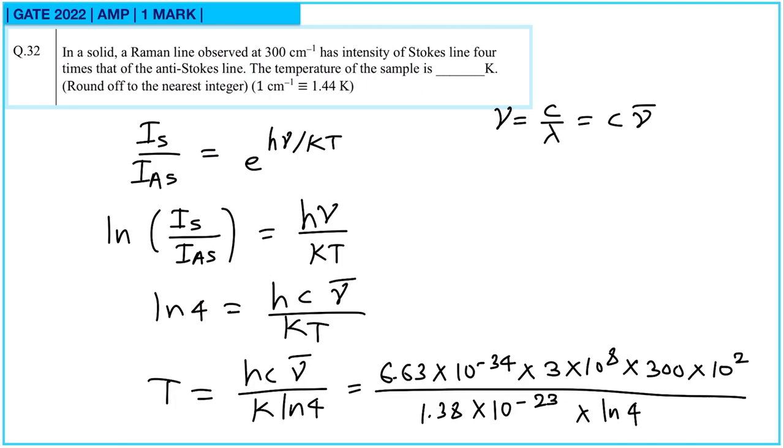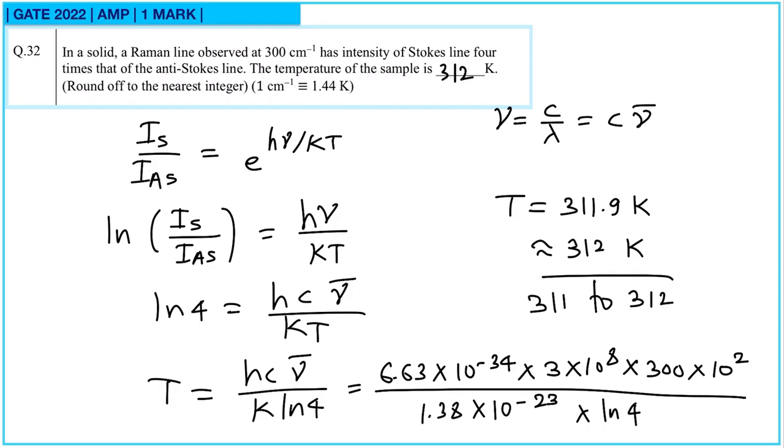So if we substitute all these values and calculate for T, then T is equal to 311.9 Kelvin, and if you want to round it off, then this will be 312 K. So answer is 312, and answer given in the answer key is 312.